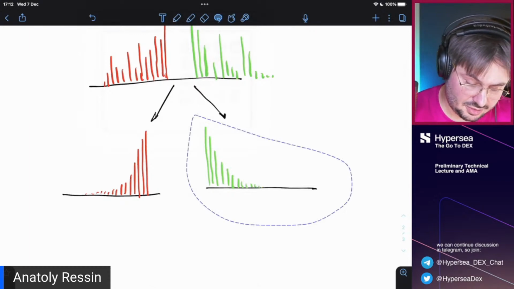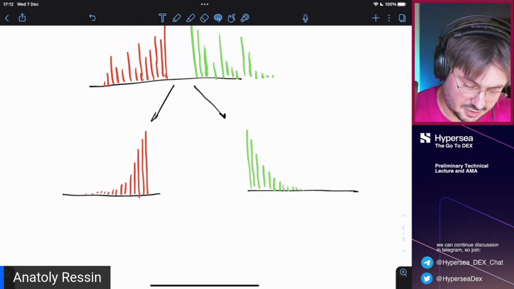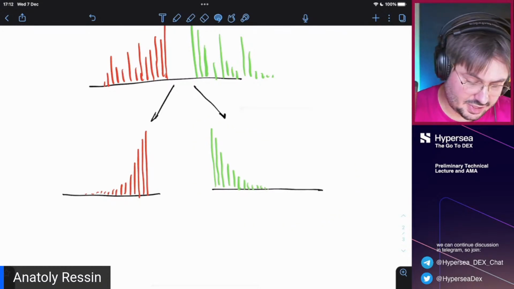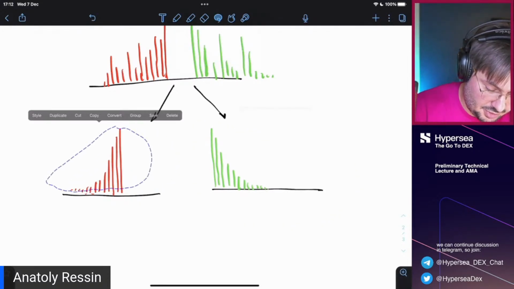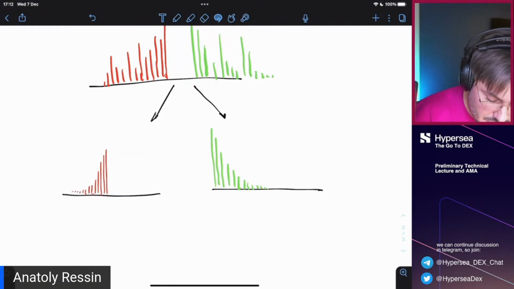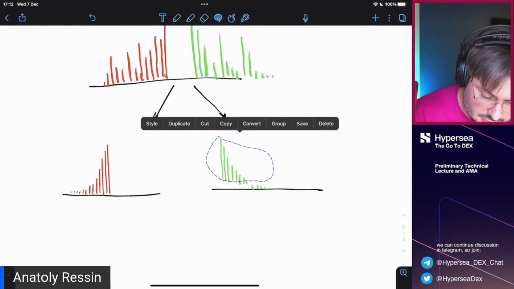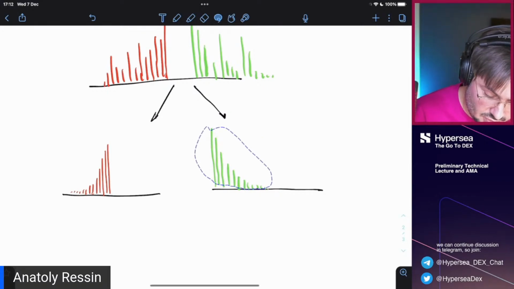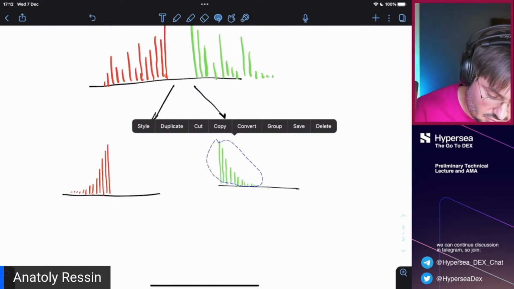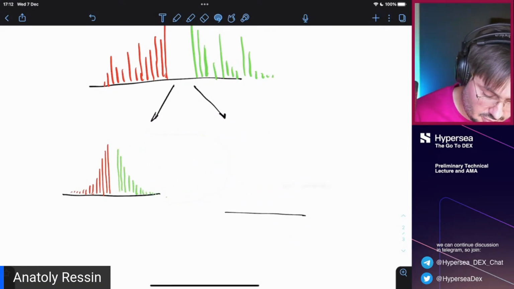And let me just... so these are two things. Sorry, I wanted to show something other. I wanted to show that one of them looks like this. Just let me show.